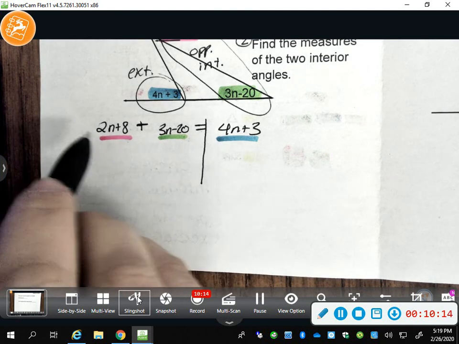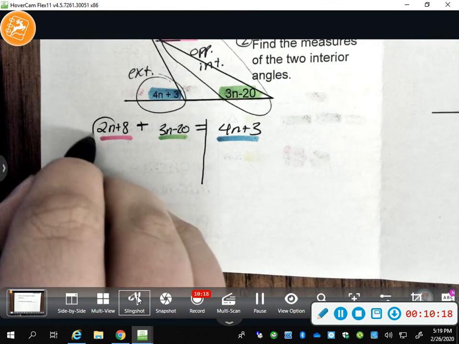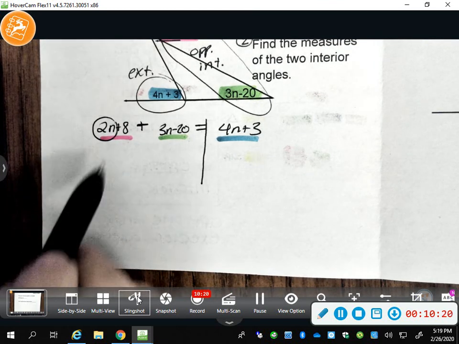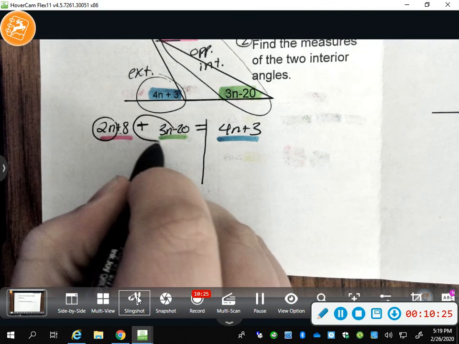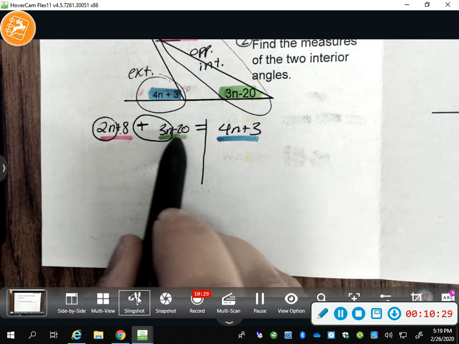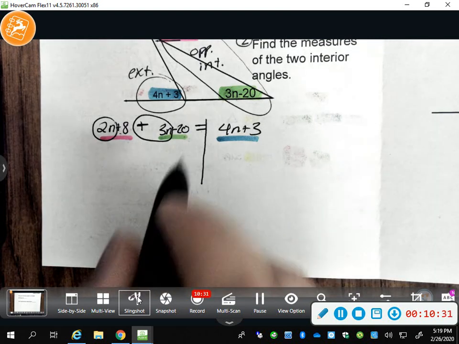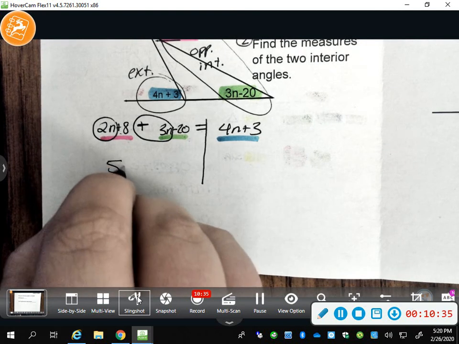Before we solve for n, we need to combine all like terms that are possible to combine. On the left side, we have 2n. That will not combine with a plus 8. 2n can be combined with 3n. They're like terms. And then neither of those are like terms with minus 20, so we can't combine it with that. 2n plus 3n then gives us a total of 5n.